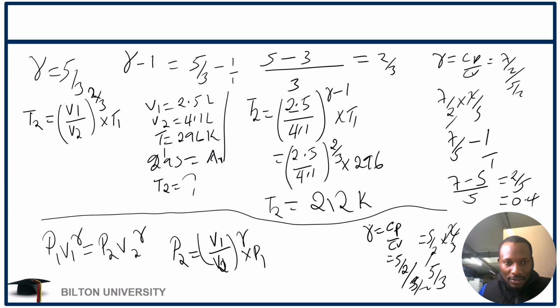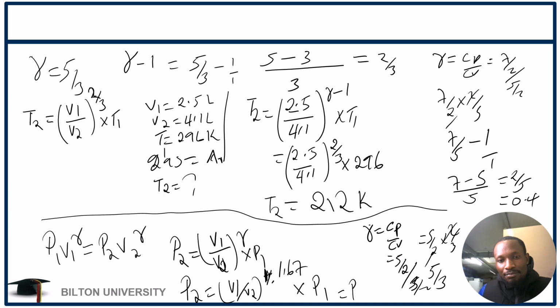So P2 is equal to, let's use the same values here, V1 over V2 to the power 1.67 times P1, and that's going to give you the value of P2.